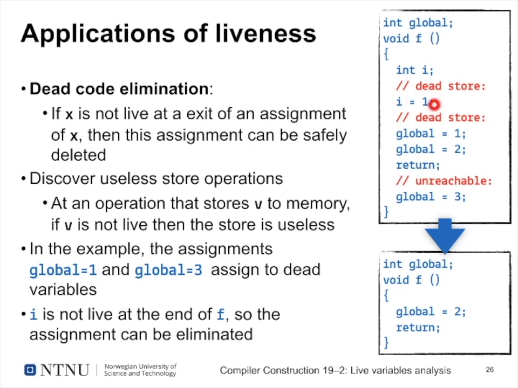So we can skip the assignment, and also the declaration of that variable. We eliminate the store global equals 1 and the unreachable code, and end up at an optimized function which just sets global to 2, the only assignment that has any outcome after returning from this function.